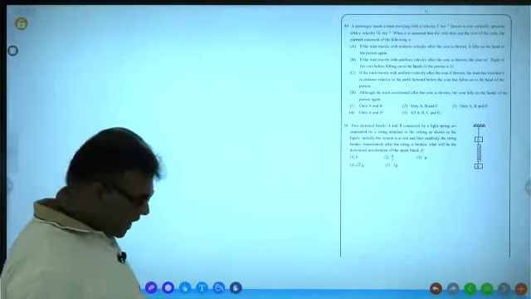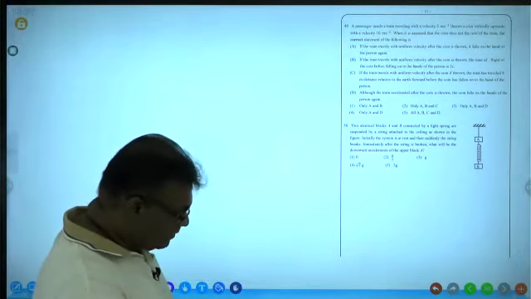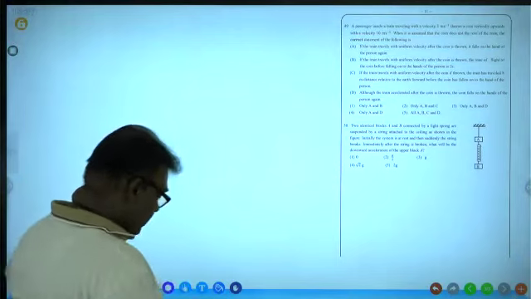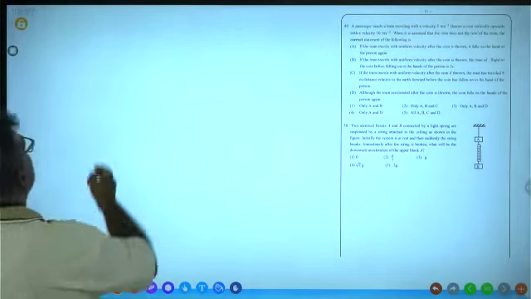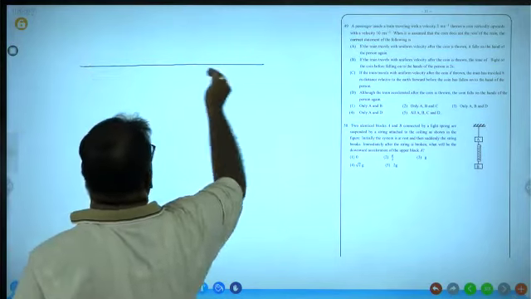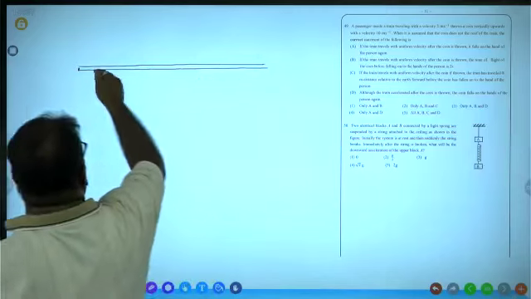Right. Number 49. A passenger inside the train, traveling with the velocity 3 m s^-1. This one is the train, it goes like this.